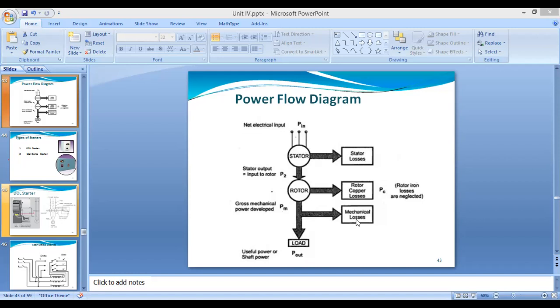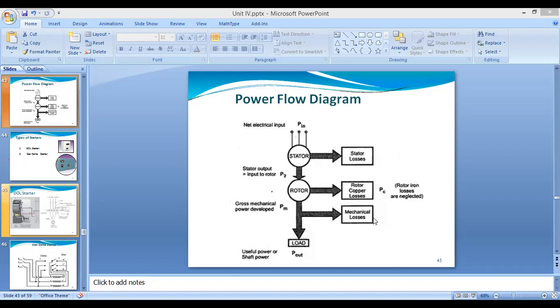PML is the mechanical power losses, which occur due to friction and windage. Now, to derive the efficiency, eta equals output power upon input power. But input power is output plus losses, so eta equals output upon output plus losses.